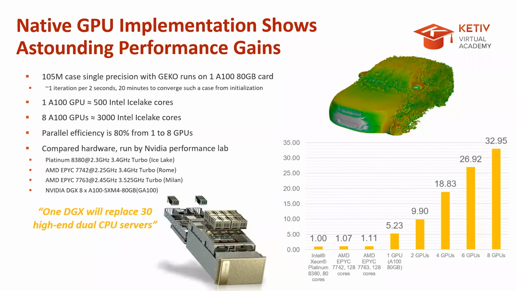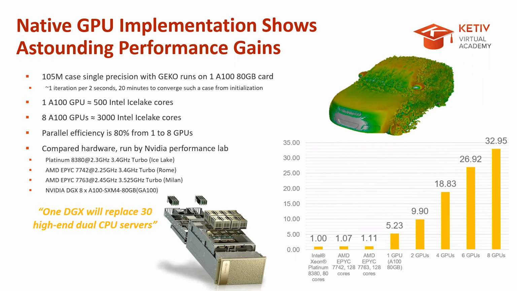And to compare it to the conventional CPU approach, we are using the Intel Xeon Platinum Ice Lake cores as the basis for comparison. And then we compare it to a few other generations of CPUs. And then we also compare it to the A100 GPU card, and then keep adding the GPUs to see what type of scalability we can get.